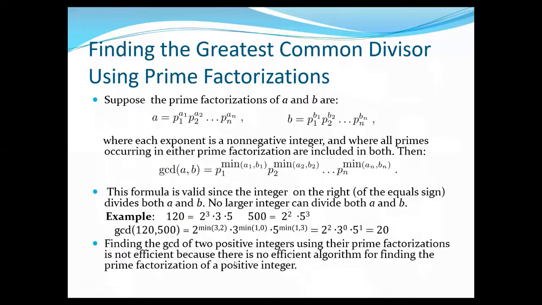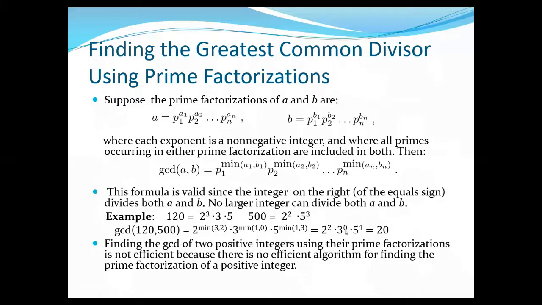How about 3? Here the exponent is 1. Since 3 is not present in 500, the exponent is 0 for 3, and 3 raised to 0 is 1. Between 1 and 0, the minimum is 0.